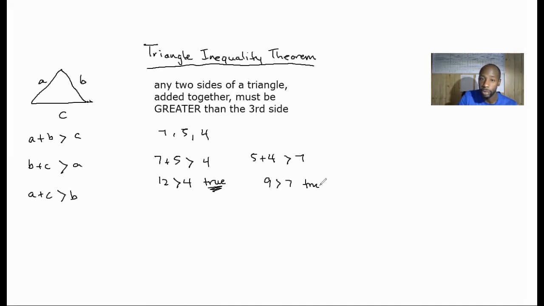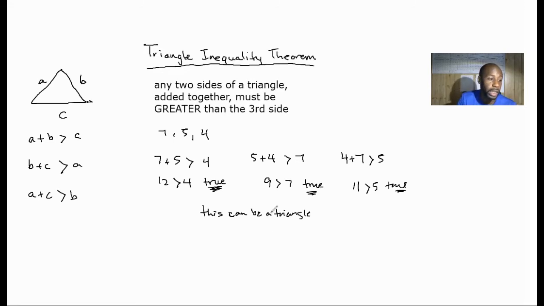So true. Finally, is 4 plus 7 greater than 5? 4 plus 7 is 11, and 11 is greater than 5. True. Therefore, this can be a triangle.